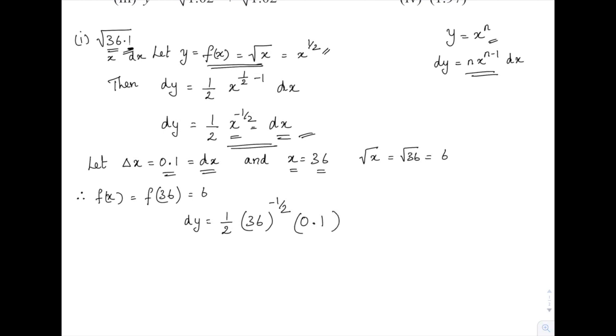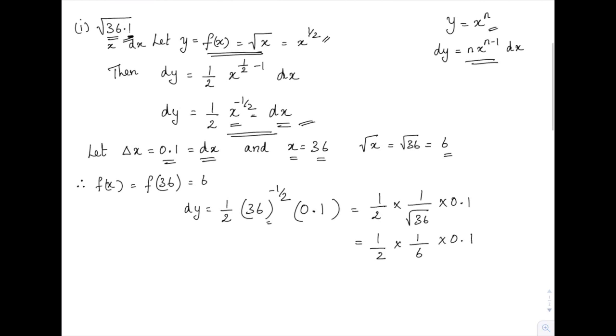Which is equal to 1 by 2 into 1 by square root of 36 multiplied by 0.1, which is equal to 1 by 2 into root of 36 is 6, so I'll write it as 6 here, into 0.1.